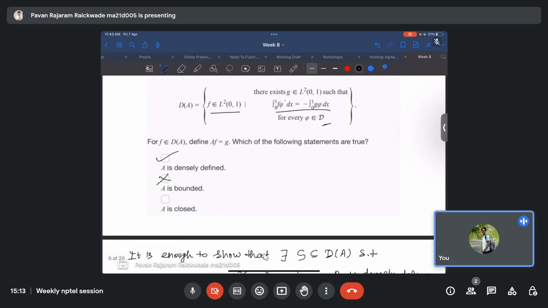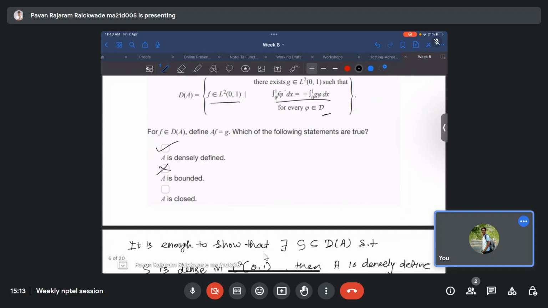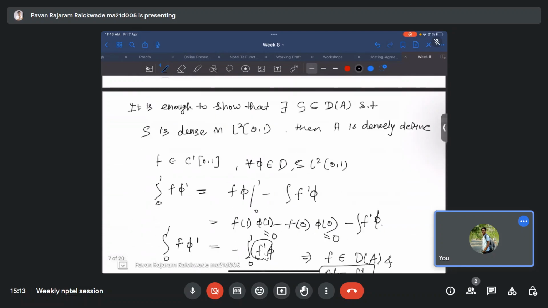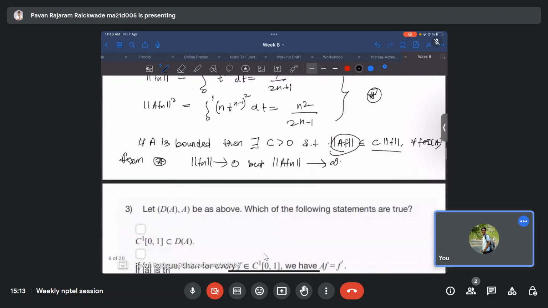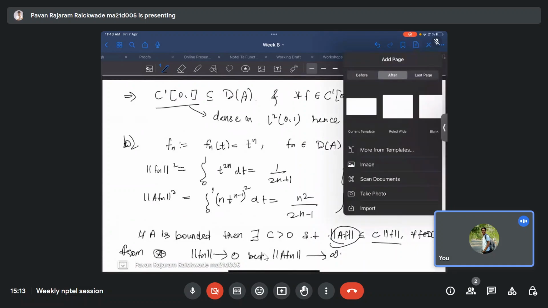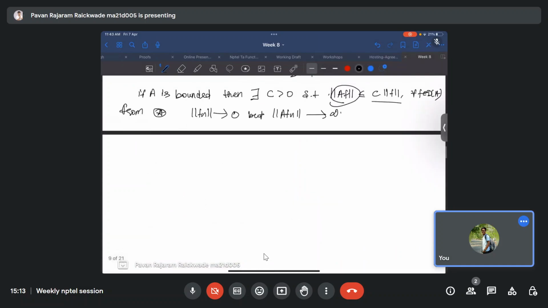Then we have to check whether A is a closed operator or not. Let me recall the definition of a closed operator.